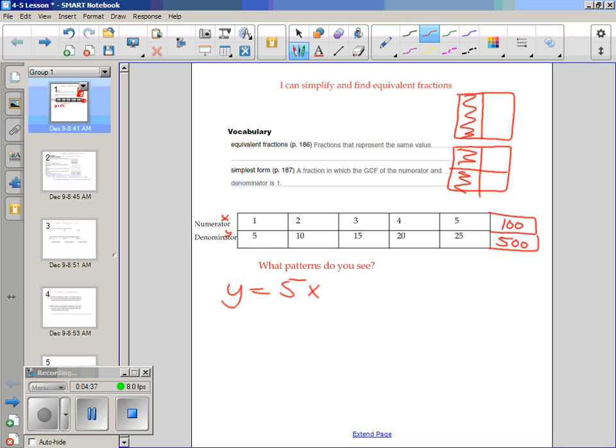That's something we're going to have to know this year for our MCA tests, and we'll get to that very soon. Okay? And then we could go and we could graph all of these, couldn't we? If we have an X value and a Y value, we have an ordered pair of 1, 5, and we could put that right on a coordinate plane. And that's something you're going to have to do on your MCAs.